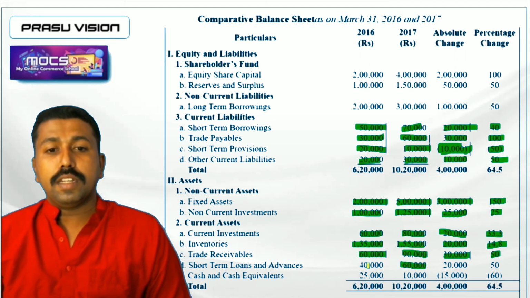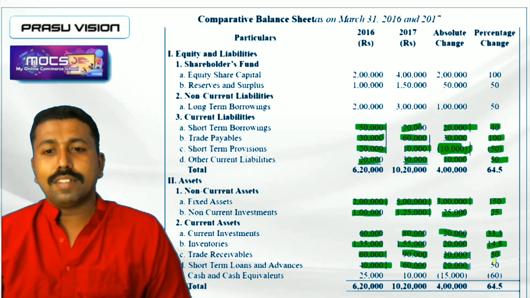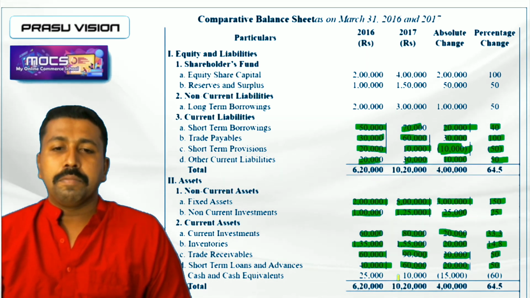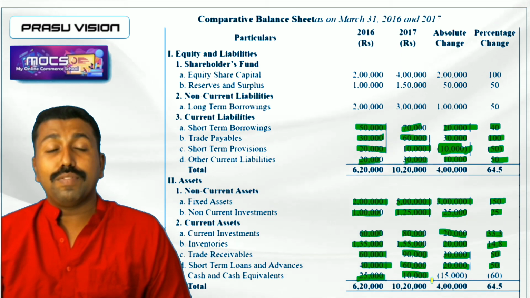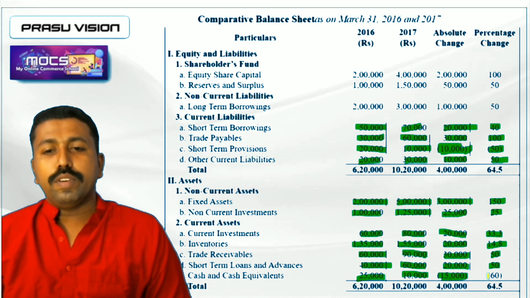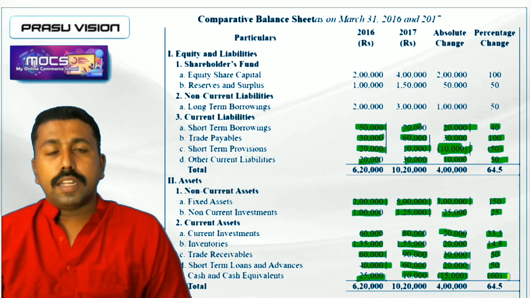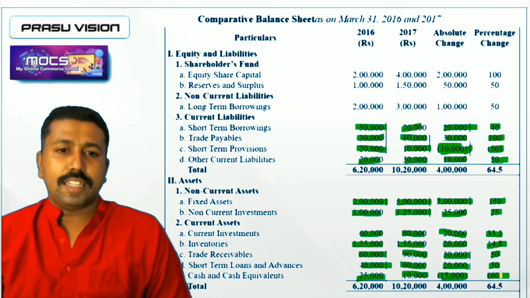And 60,000 minus 40,000, 20,000 is the value. You will get the percentage change, 50% again. 10,000 minus 25,000, so 15,000 is the negative absolute change. Negative 15,000 divided by 25,000 into 100, it will be 60%.